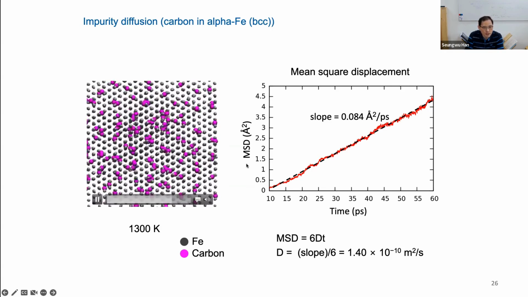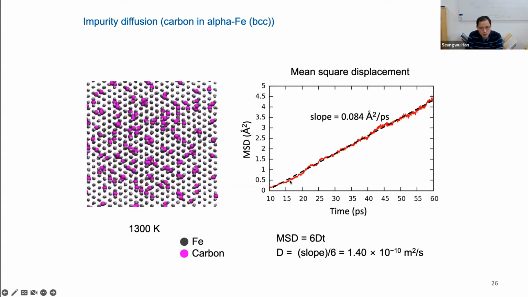And so you can see these interstitial carbon atoms are moving around, and from that trajectory, we can calculate the mean square displacement, and it has an almost linear slope, and this slope gives you a diffusion coefficient, which is 1.4 times 10 to the minus 10 meters squared per second.